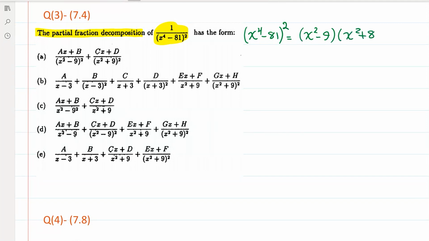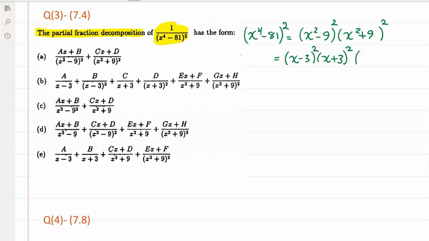Yeah, but it's 9, Doctor, not 81. Oh, sorry, 9. Now, can I factorize it more? Yes, x squared minus 9 is equal to x minus 3, x plus 3. Exactly. And this is squared for both of them.